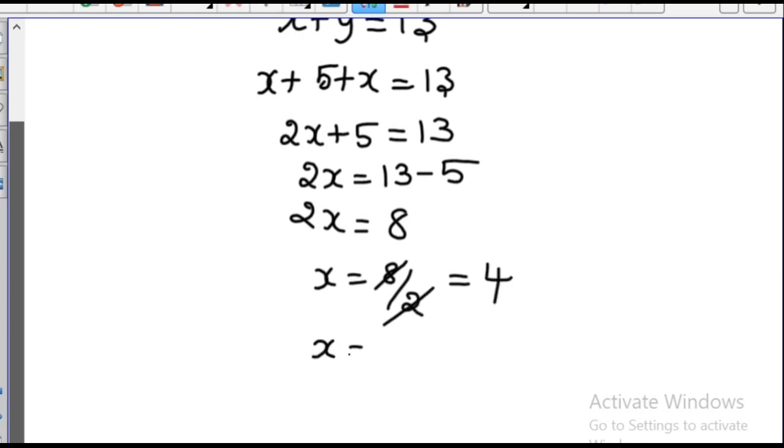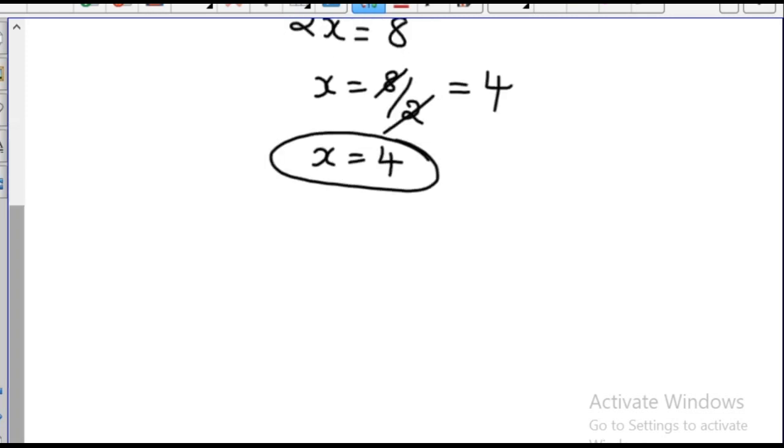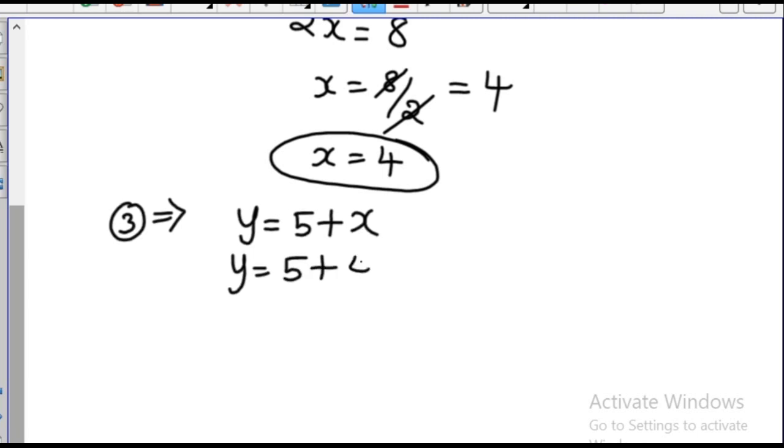Therefore x is equal to 4. This x value you should apply in y. Equation number 3 is y equal to 5 plus x, so y is equal to 5 plus 4. So you will get y is equal to 9.